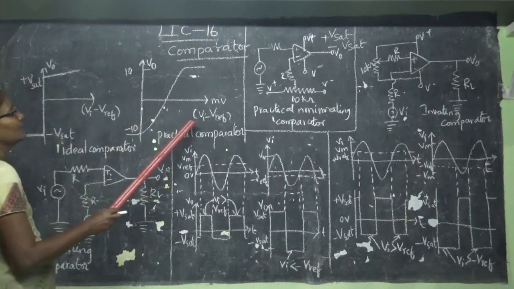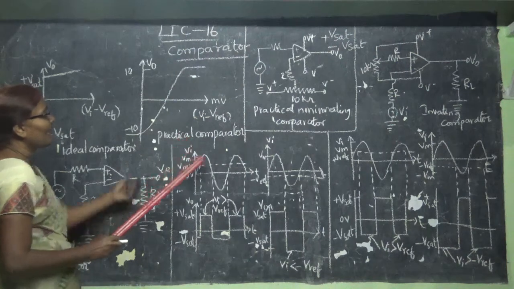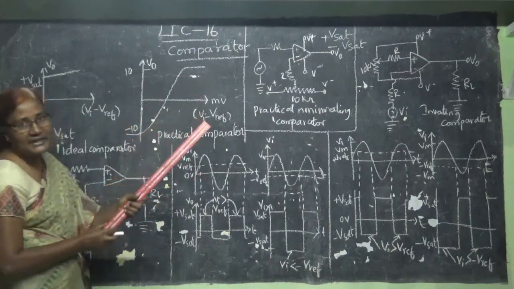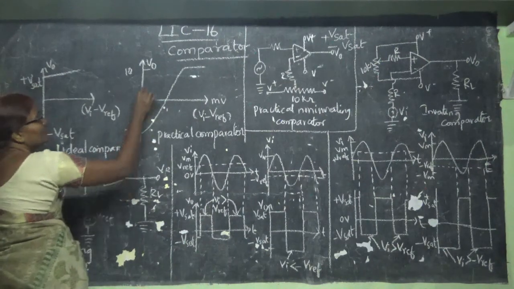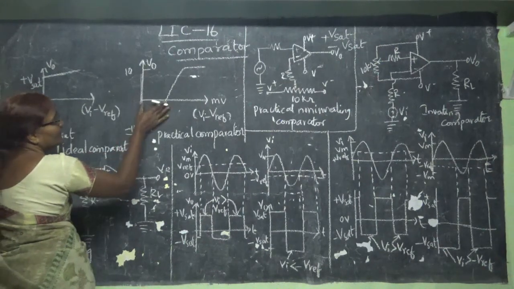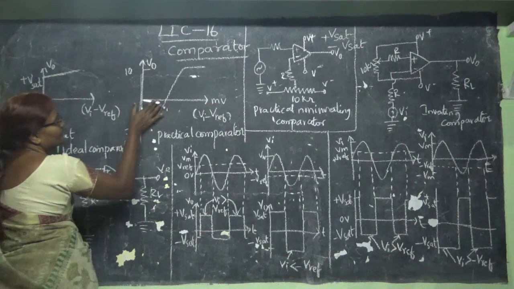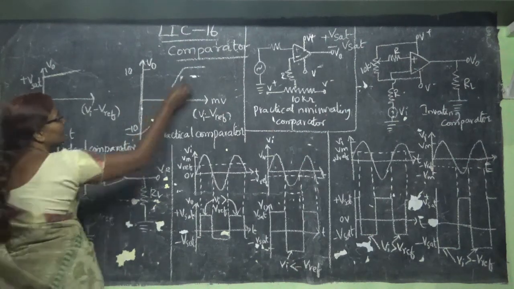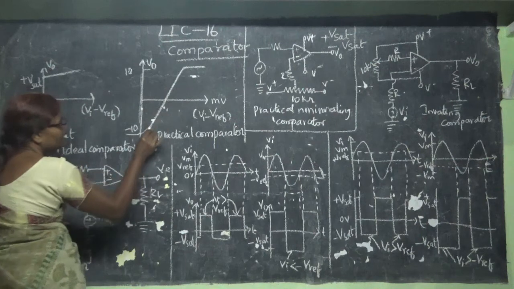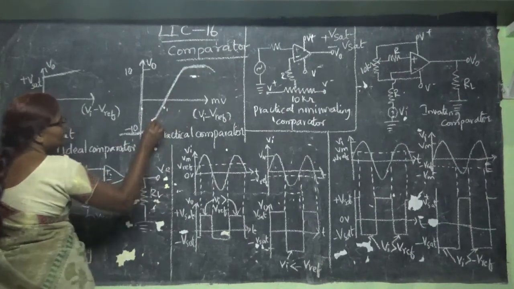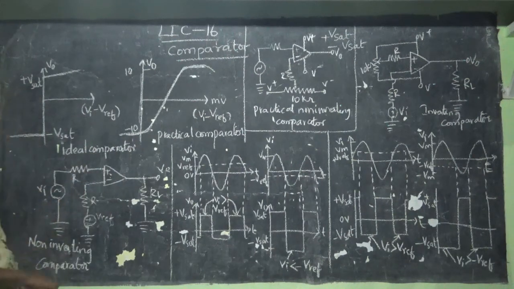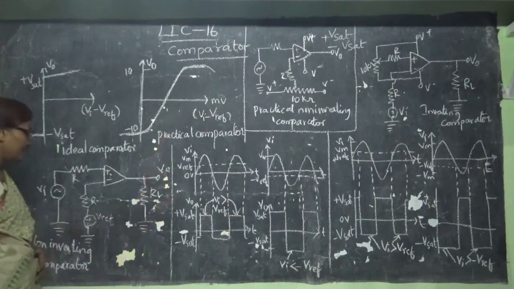But the practical comparator will be different. That means the characteristic will not start at this point, but it will take some lapse. Afterwards the characteristic will go like this. It will be of some curved nature. This is the practical comparator characteristic.